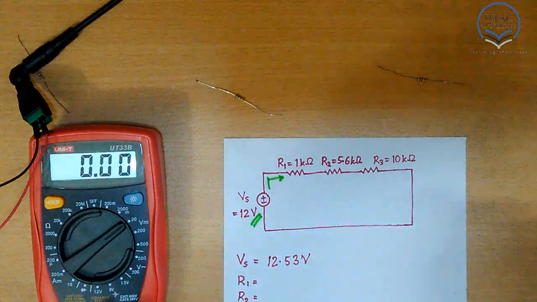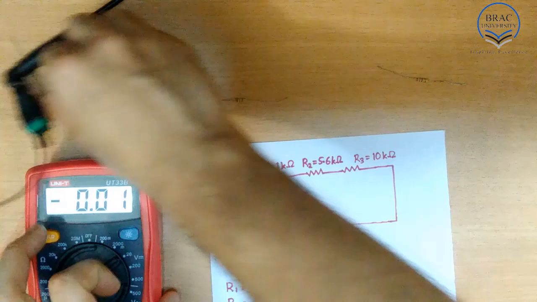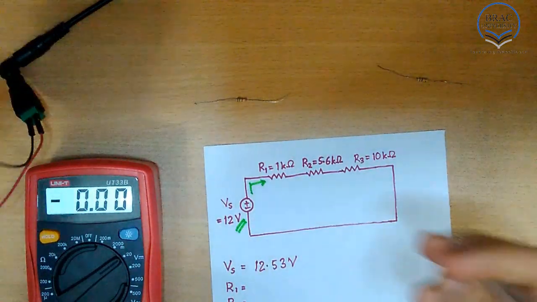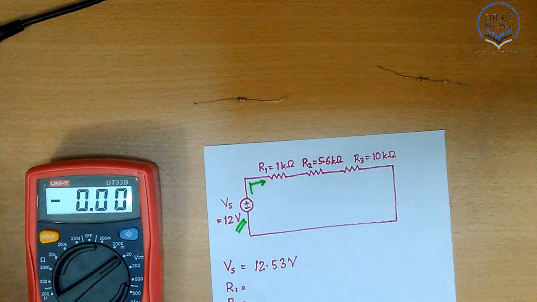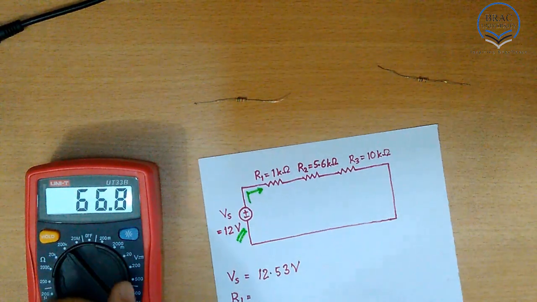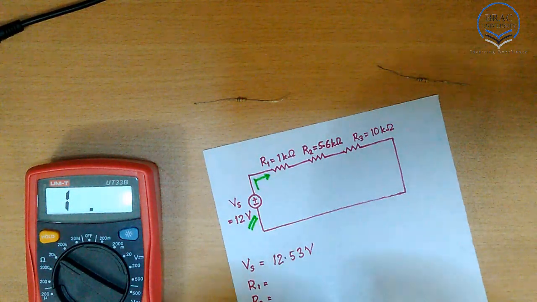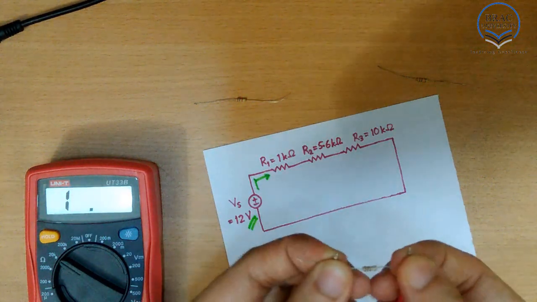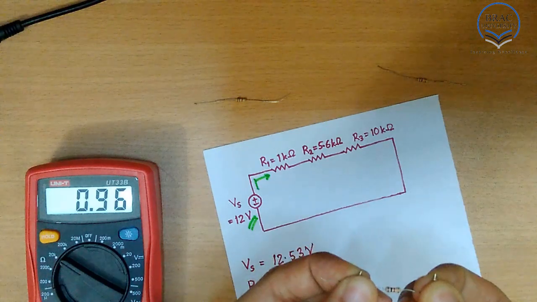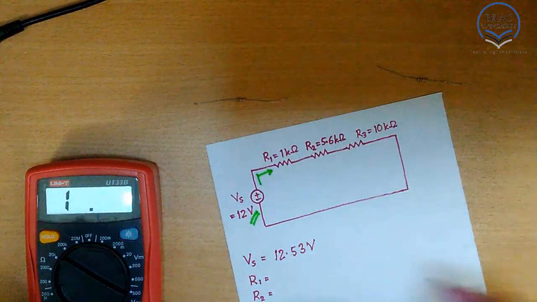Now we are going to measure the three resistances. First, we take the 1 kilo ohm resistance and we set the multimeter to measure resistance. We get 0.96 kilo ohm. So we are going to write that value down.